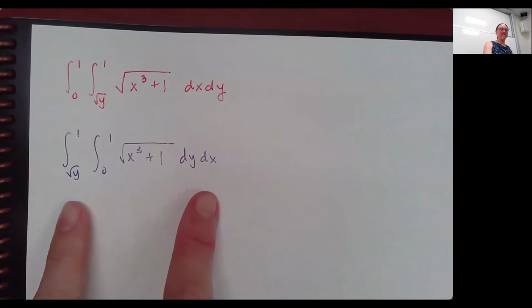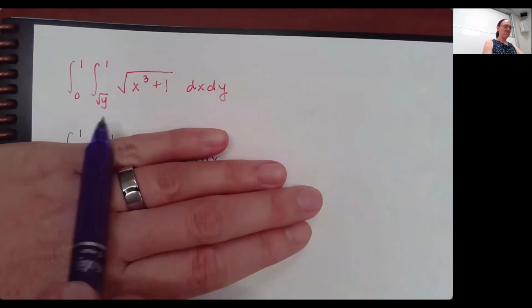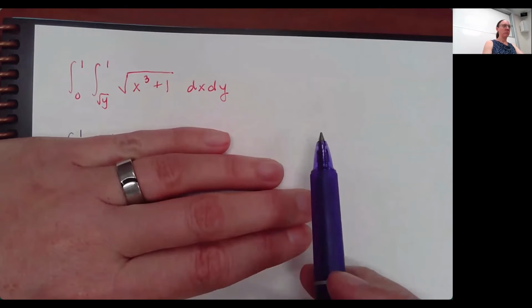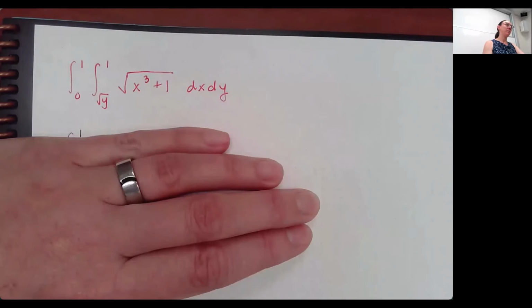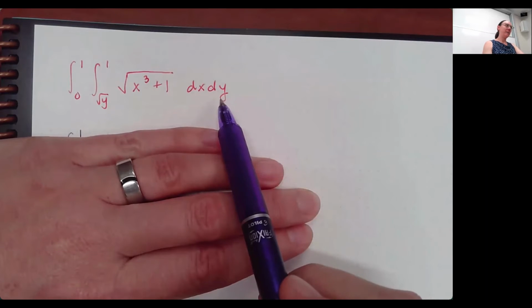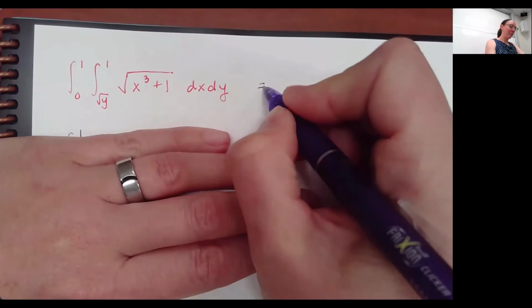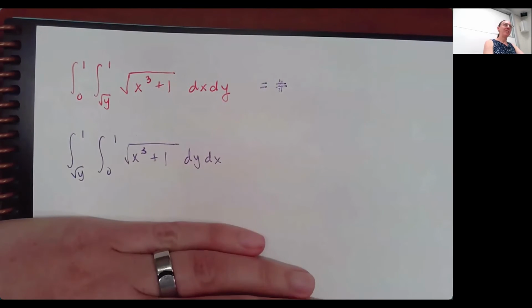There's a problem with this because this thing we can think of as representing some sort of volume. And the very last step we're going to have on this one, after I've taken the antiderivative with respect to x and after I've taken the antiderivative with respect to y, I'm going to plug in 1 and 0. Whatever happens, I'm going to get a number out of this integral. I'm not going to get a number out of this.